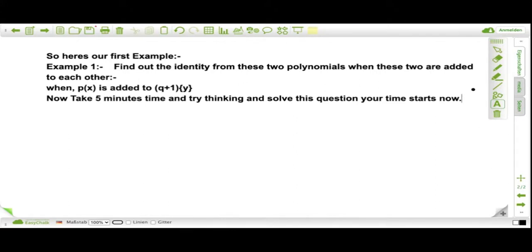So with this problem, what we are supposed to do is, like this polynomial p of x, as you know it, is added to one more polynomial q plus 1 of y. First thing is that you should know more about factorization. So over this problem, the first step we have to do is to use this formula, vn minus vm equal to 0.